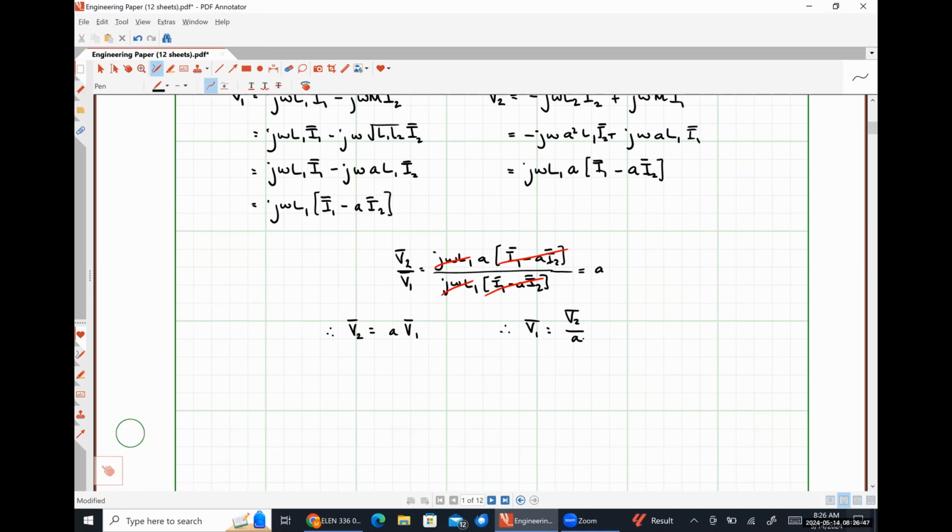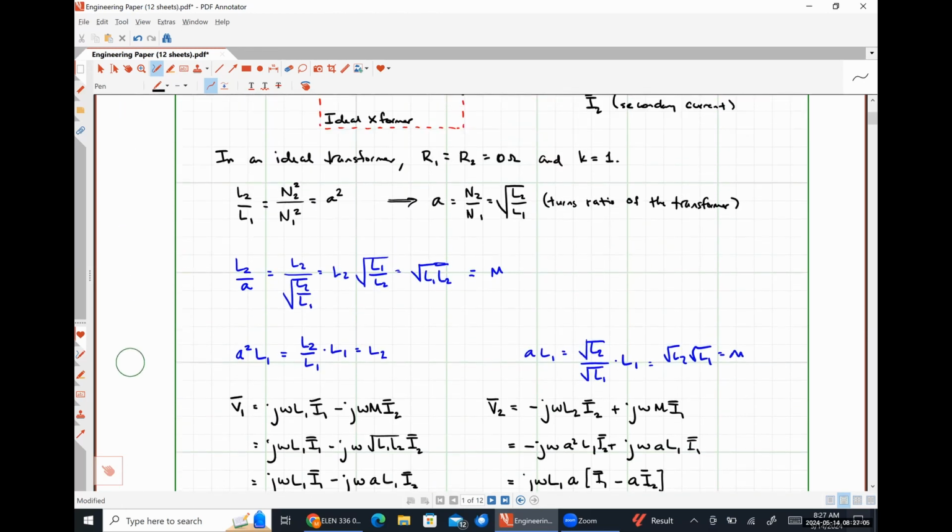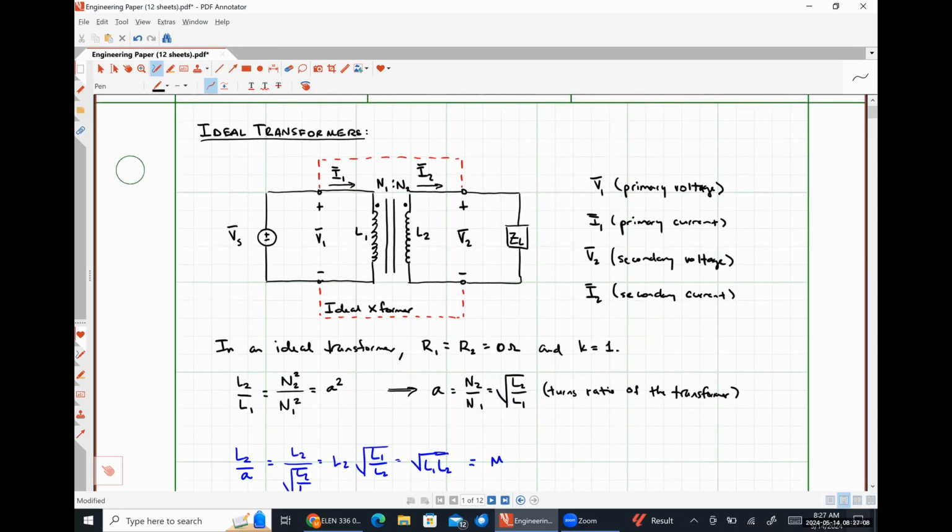So now let's figure out what the relationship between the currents might be. And in order for us to do that, we're going to look at power, okay? So if I look at this diagram right here, how I would interpret things is that coil one is absorbing some amount of complex power from our voltage source.